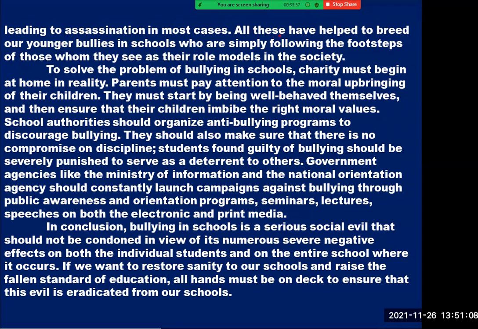Now, all these have helped to breed our younger bullies in schools who are simply following the footsteps of those whom they see as their role models in the society. So we are saying that this desire to control others, to show power and authority, to become brutal, is something that is happening in the society. It's a prevailing, unpleasant situation which needs to be addressed.